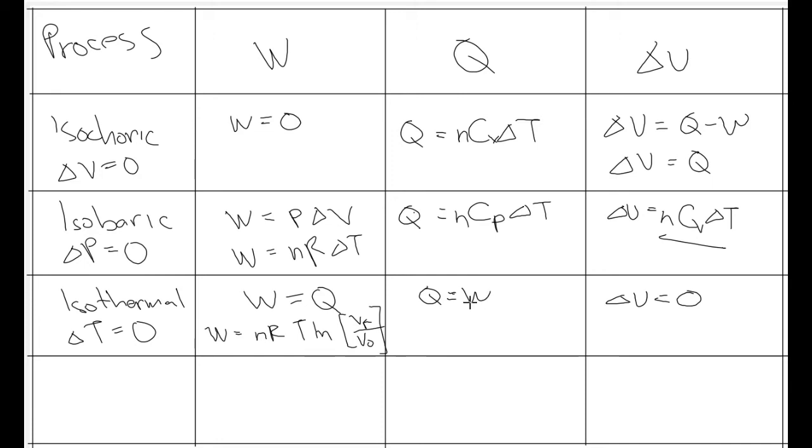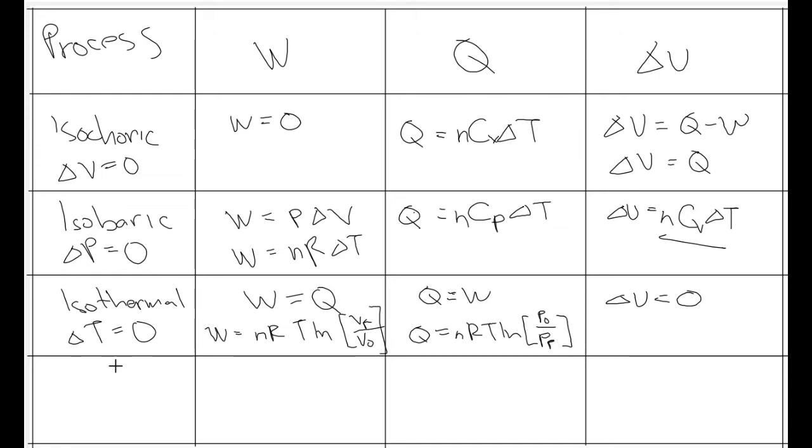And to solve for work, we can also use this equation. So Q, or work, is equals to N R T natural logarithm initial pressure over the final pressure.